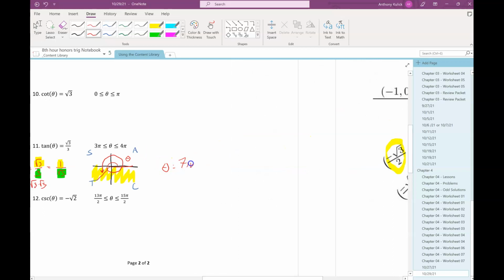But that is too small. Doesn't fit in my interval. So I know I'm going to be adding 2 pi to it one time, because when I draw the picture, I'm going around one time more. And when I do that, I get 19 pi over 6, which is my answer that I'm looking for. Is that okay, Tommy? Yeah.